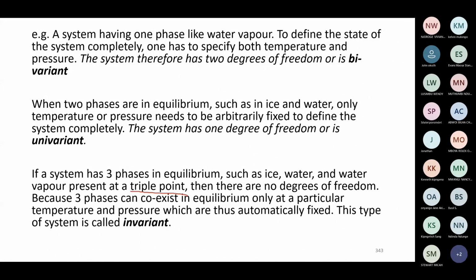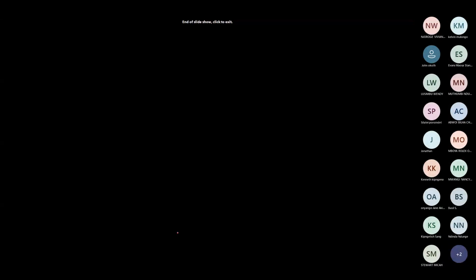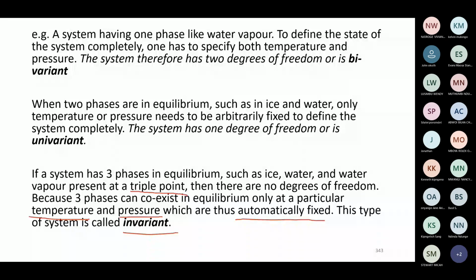So that means there are no degrees of freedom. The 3 phases can only coexist in equilibrium at a particular temperature and pressure, which are thus automatically fixed. So this type of system is called invariant, meaning there is no degree of freedom. It has 0 degrees of freedom.